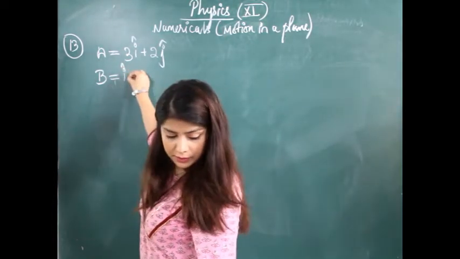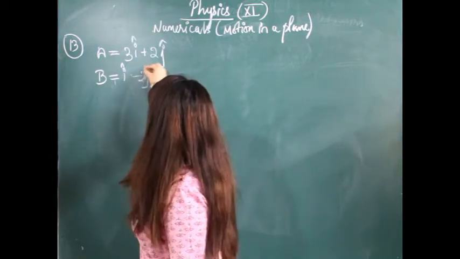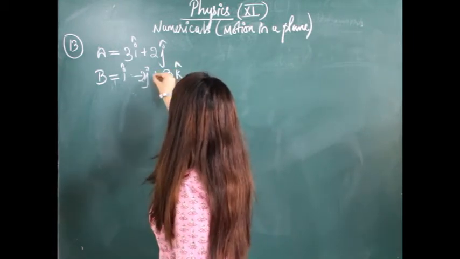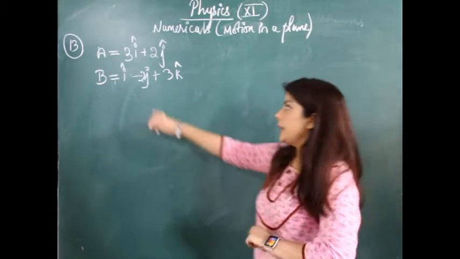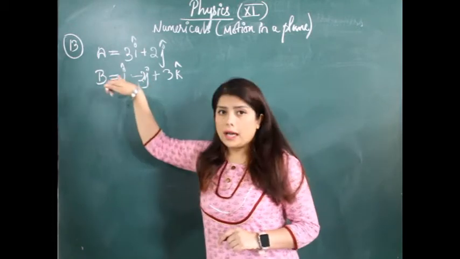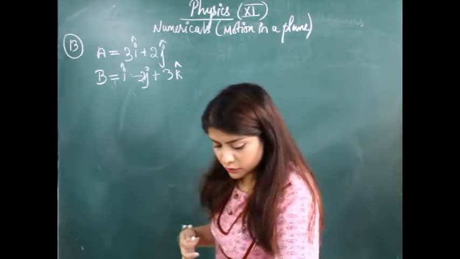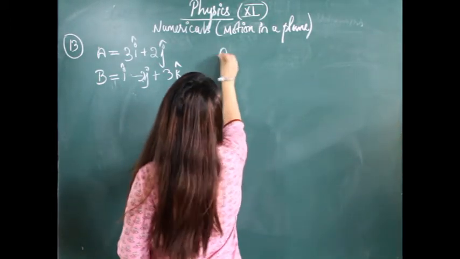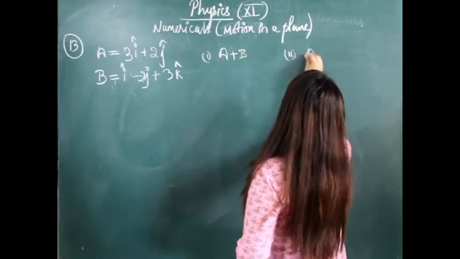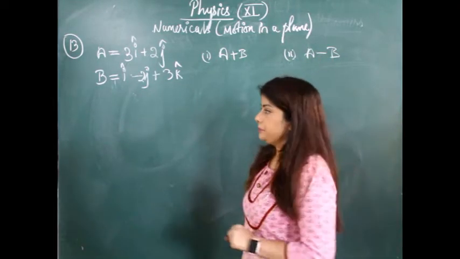Vector A is 3i plus 2j, and B is i minus 2j plus 3k. If only i is there, we need to assume that it is 1. So what we have to find in the question is A plus B, and also A minus B.